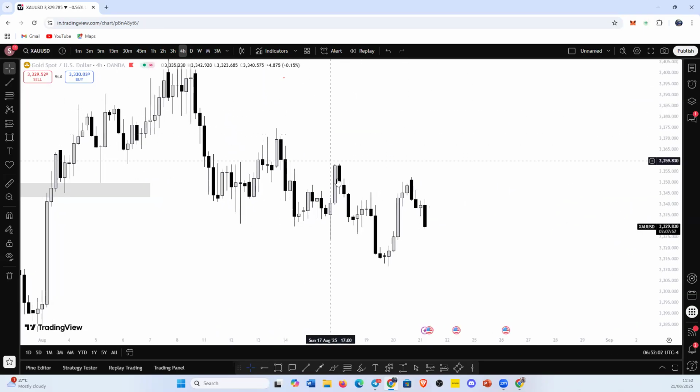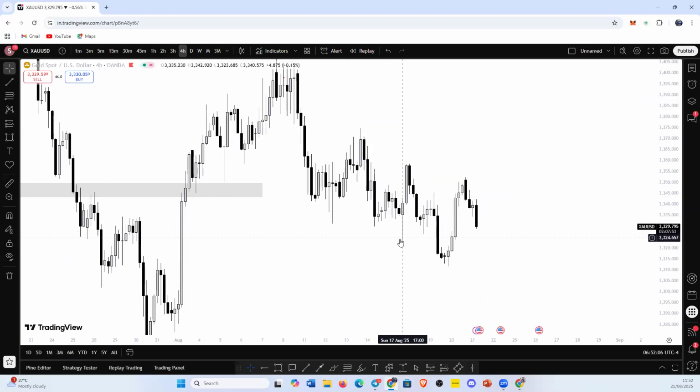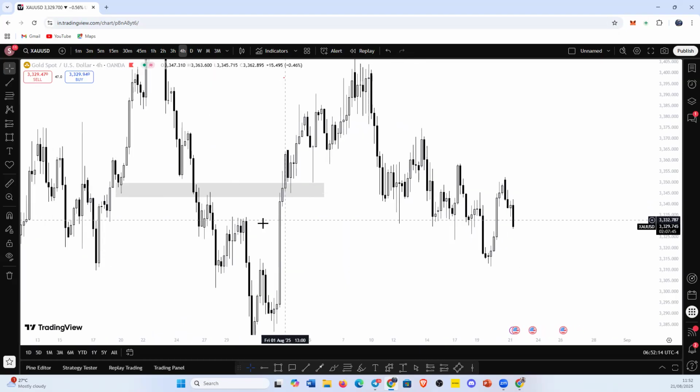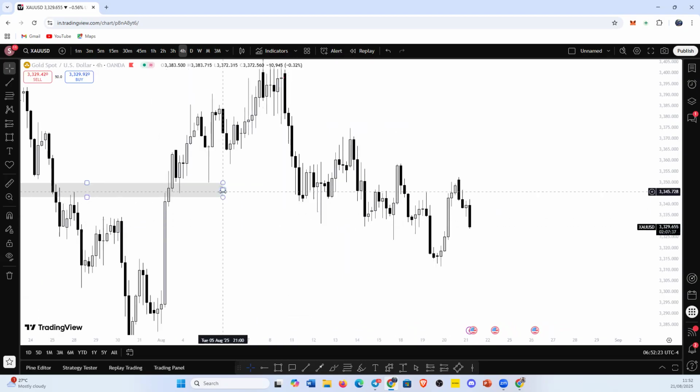I'm just using gold for the purpose of this lesson, not that the strategy works on gold alone. No, no, no. It works perfectly on all pairs. I'm just using gold as an example for the purpose of the lecture.